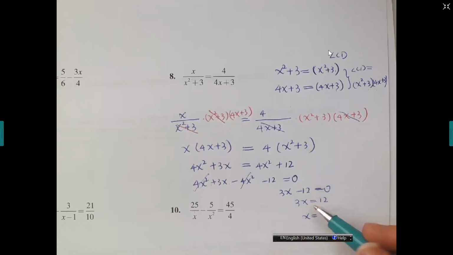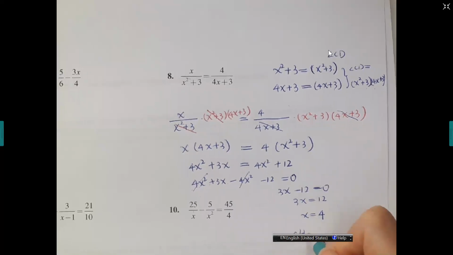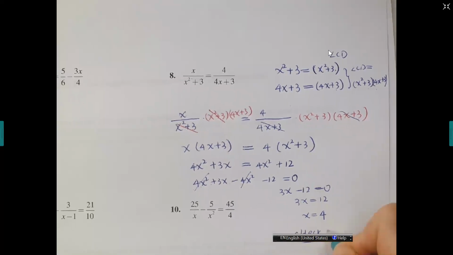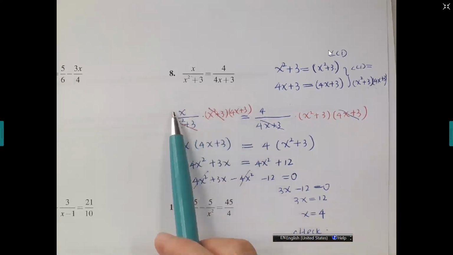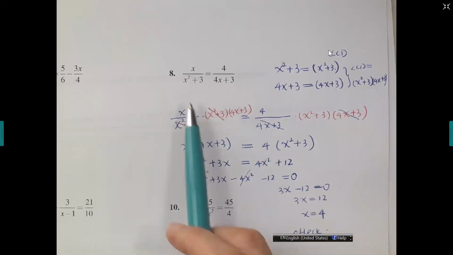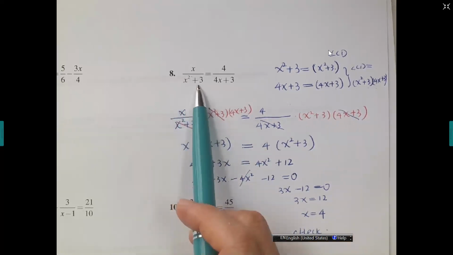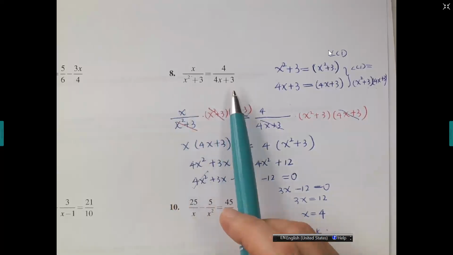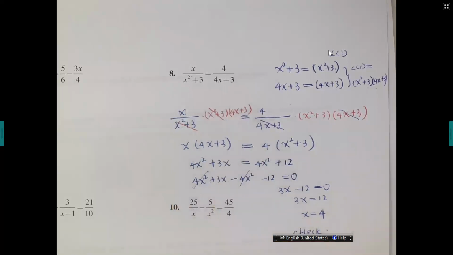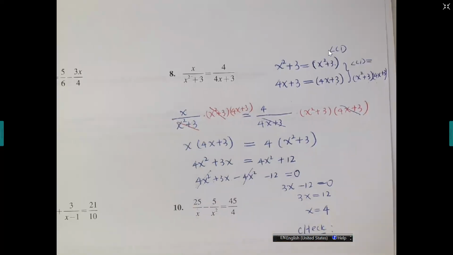What do I do next? I need to check my answer. Does 4 make any of the denominators 0? Quickly check, when x equals 4, 4 squared plus 3 does not equal 0. 4 times 4 plus 3 does not equal 0 either. So now the bomb is removed.